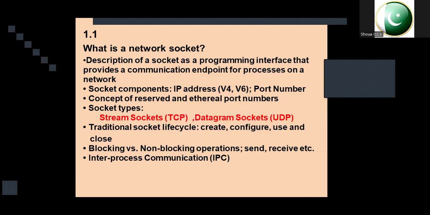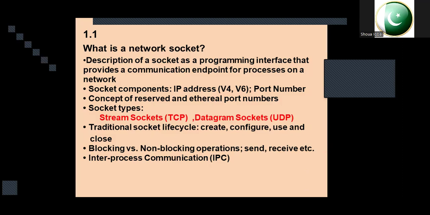What is a network socket? Here, the description of a socket as a programming interface will be discussed. Basically, a socket is a programming interface that provides the communication endpoint for processes on a network. Socket components, IP address V4 and V6, will be discussed, and the port number will be viewed. Later, we will discuss the concept of reserved and ephemeral port numbers.